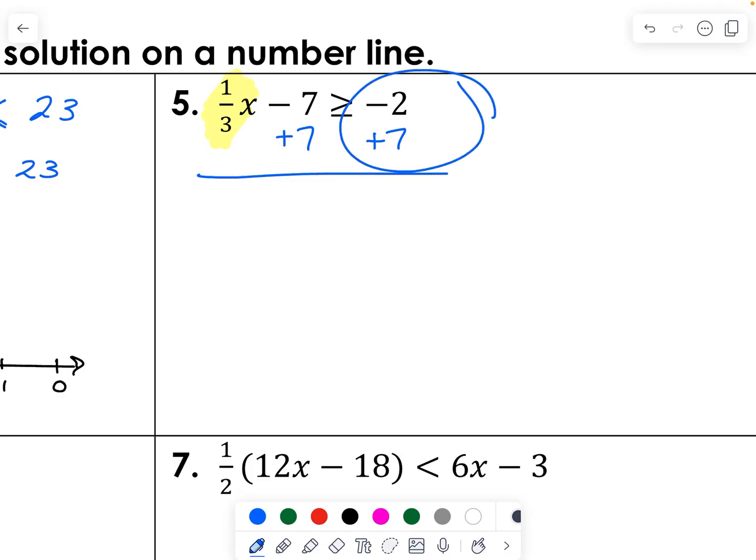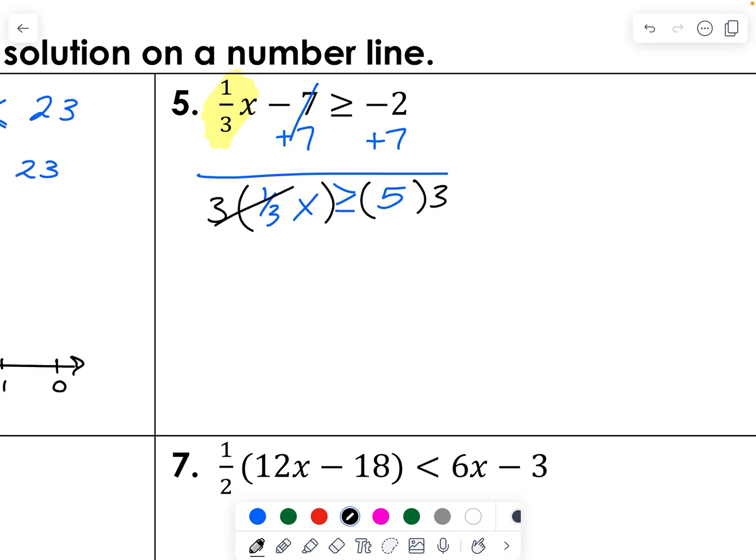Here I have a 7 minus 2, positive 7 and a minus 2 is a 5. This would be 1/3 x. So 1/3 is a lot like dividing by 3. Let me get rid of that by doing the opposite, by multiplying by 3 on both sides. And I will get x is greater than or equal to 15.